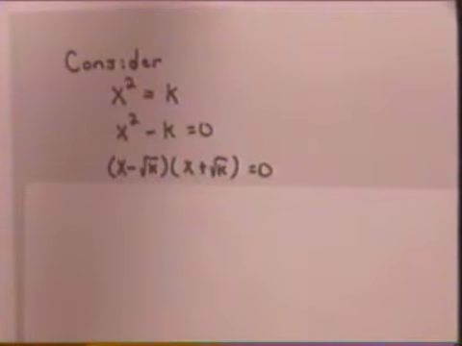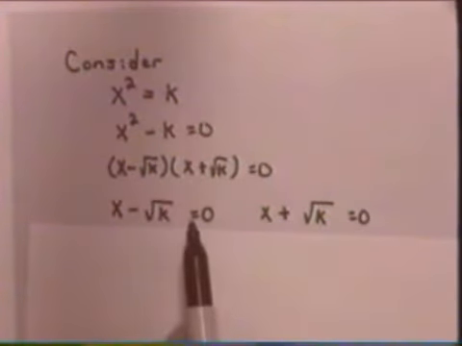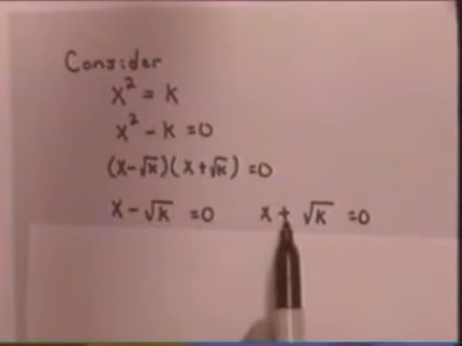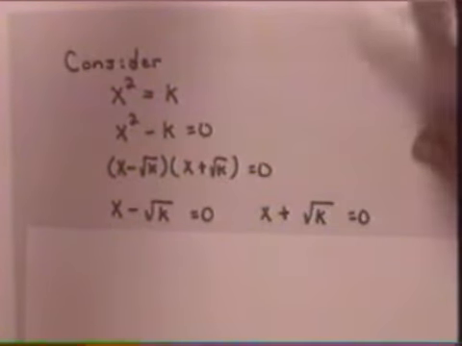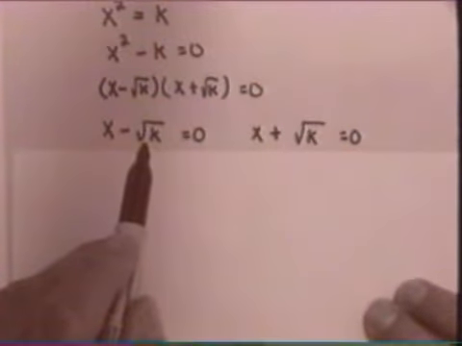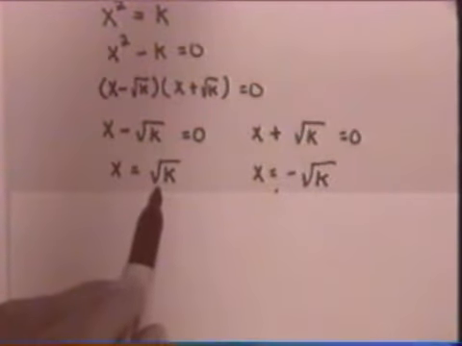Now I'm going to set each factor equal to 0, so I get x minus the square root of k is equal to 0, or x plus the square root of k is equal to 0. Now I need to add, for this one, the square root of k to both sides to get x is equal to the square root of k.